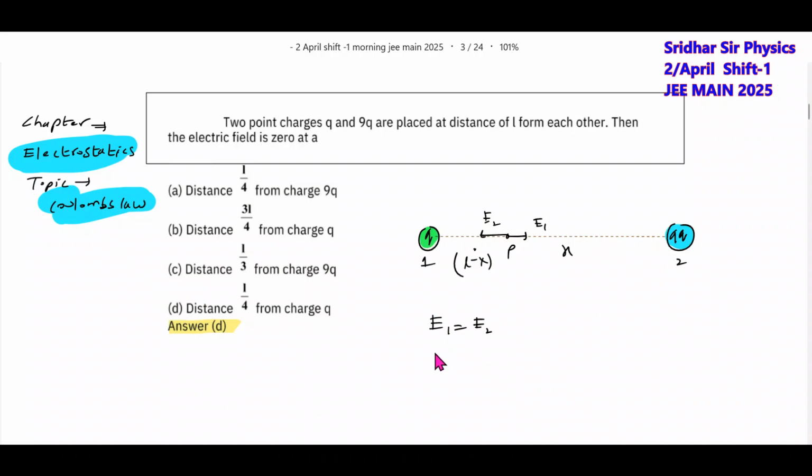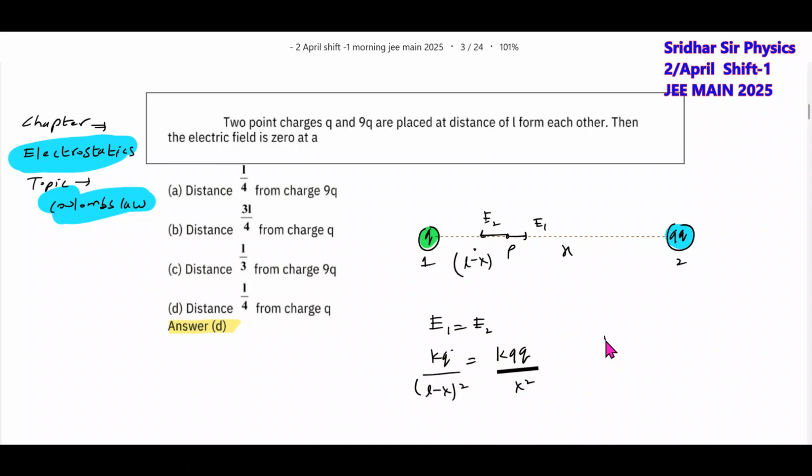E1 will be how much due to this? Will be KQ by x square. Due to this it will be K9Q by, this is L minus x, no? This distance is x. So KQ will get eliminated.